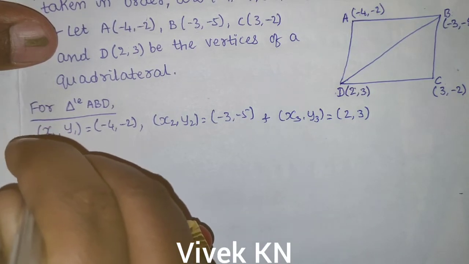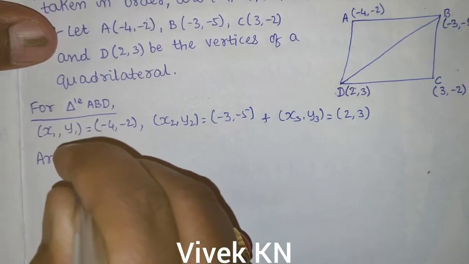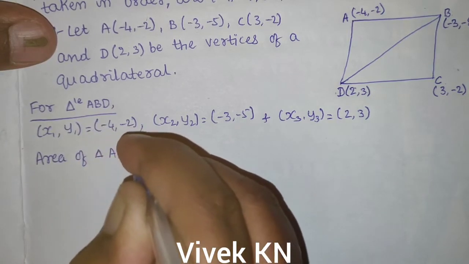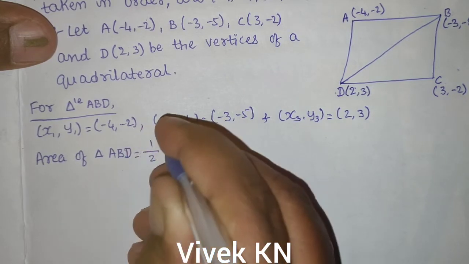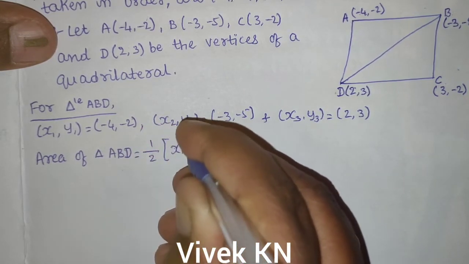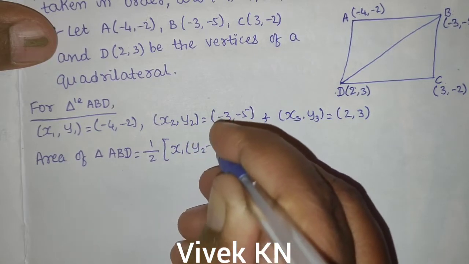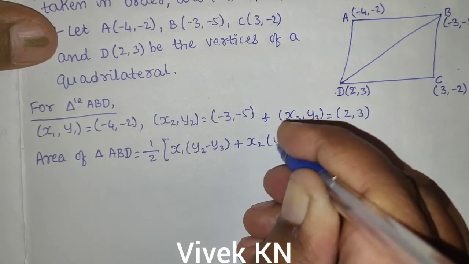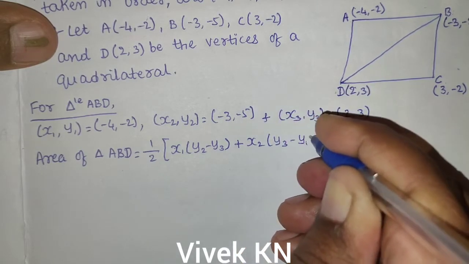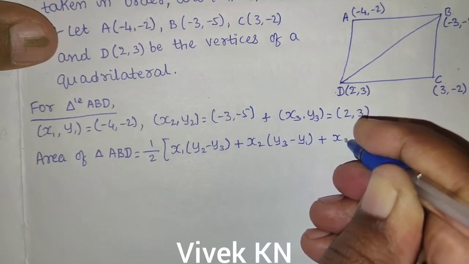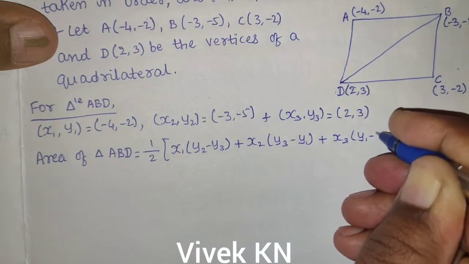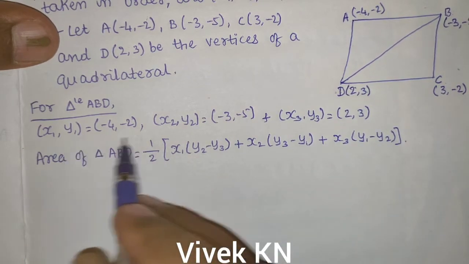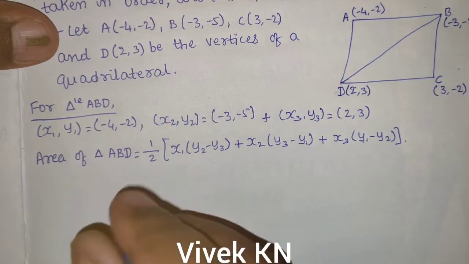So area of triangle ABD is equal to half into x1 into (y2 minus y3) plus x2 into (y3 minus y1) plus x3 into (y1 minus y2). Now let us substitute all these values in this formula.